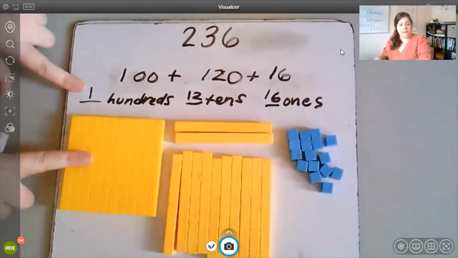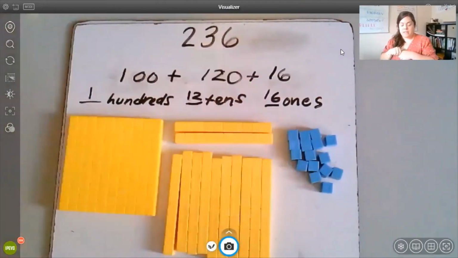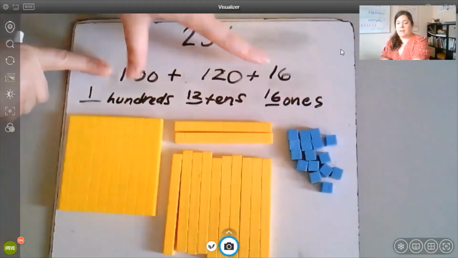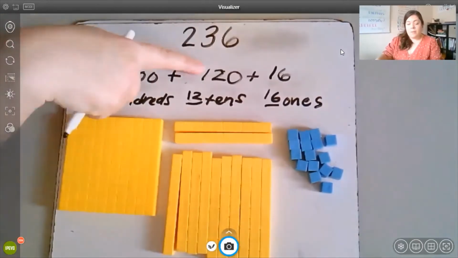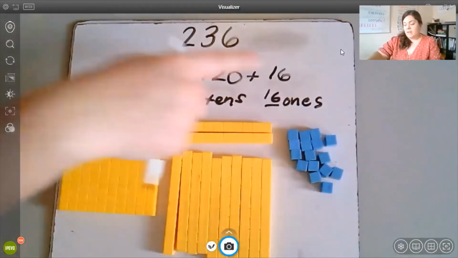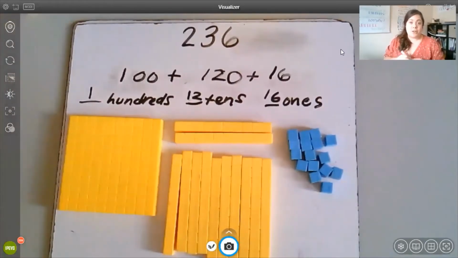So now I have 1 hundred flat, 12 tens rods, and 16 ones, which is the same as 100 plus 120 plus 16. So when I add 100 plus 120, I get 220 plus 16, which brings me back to my number 236. So that's 3 different ways that we can represent the number 236.